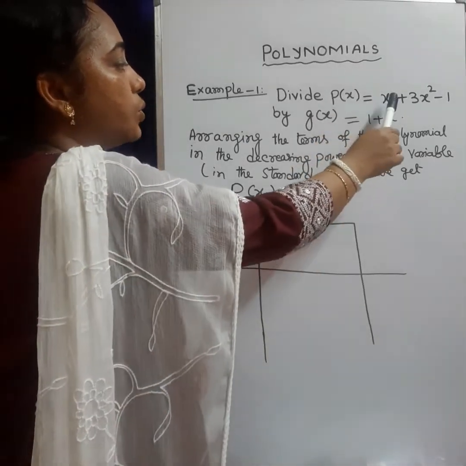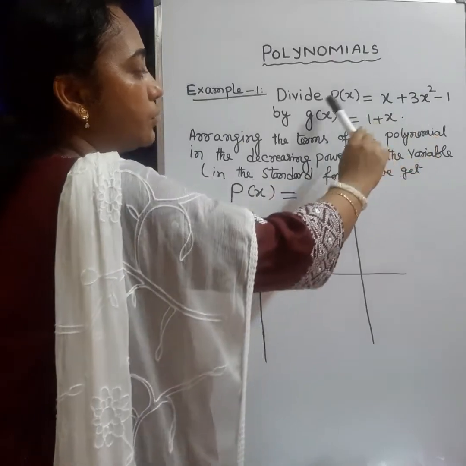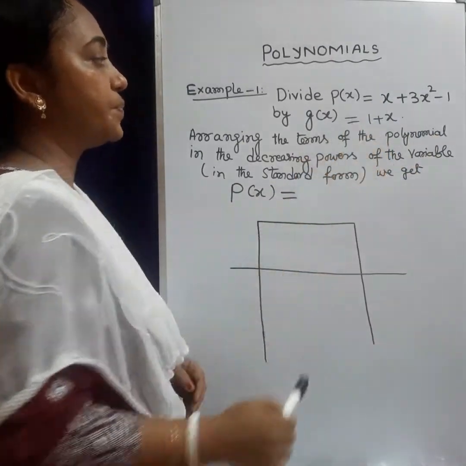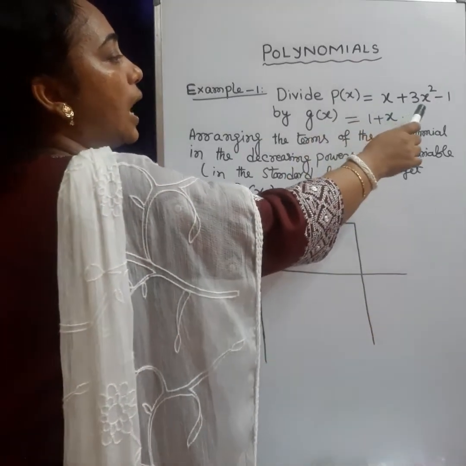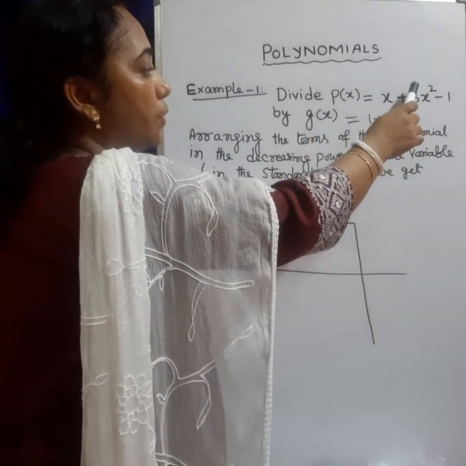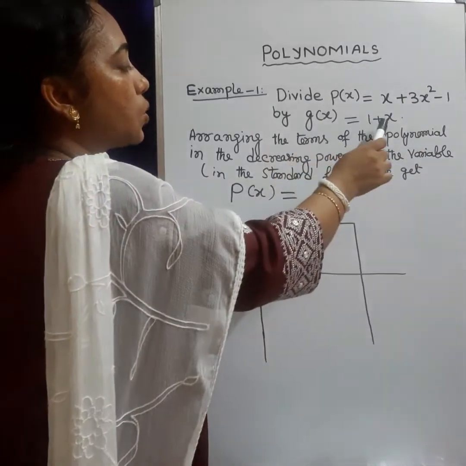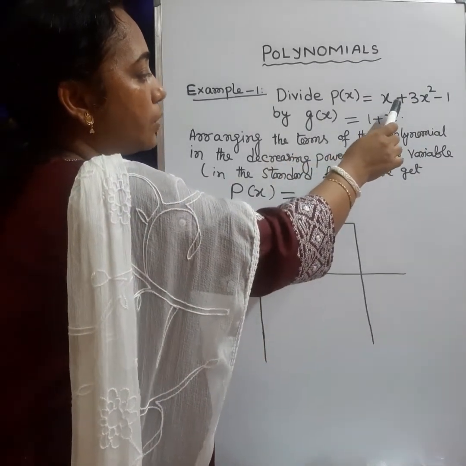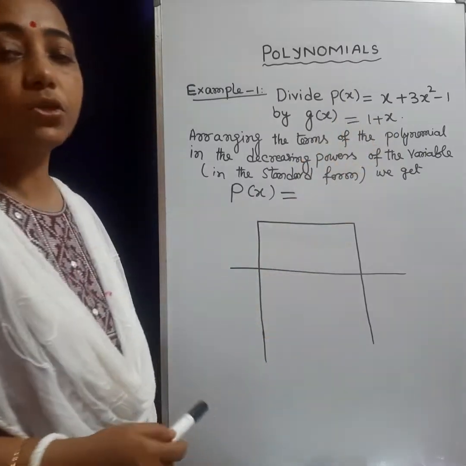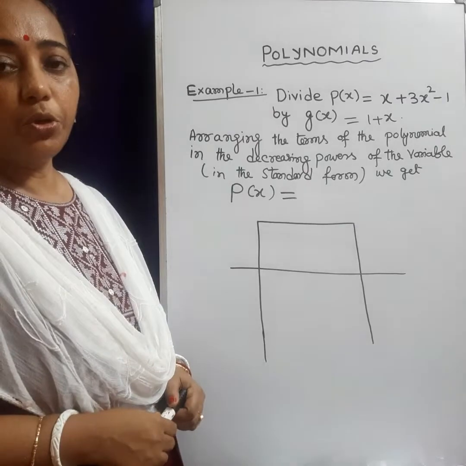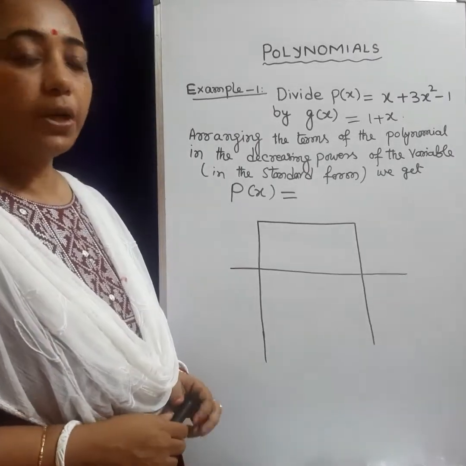Divide p(x) = x + 3x² − 1, which is here the dividend, by g(x) = 1 + x. Here in the first polynomial, the highest power of the variable is 2, which is written in the middle term. And in the second case also, the highest power of the variable is 1, which is also written in the second term. So first we have to arrange the terms of the polynomial in the decreasing powers of the variable.